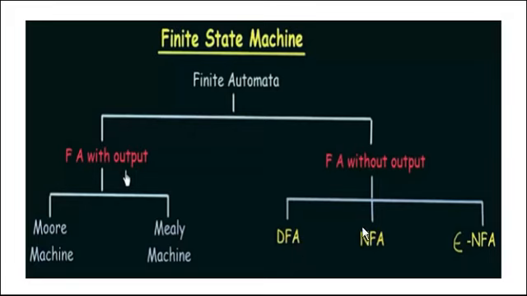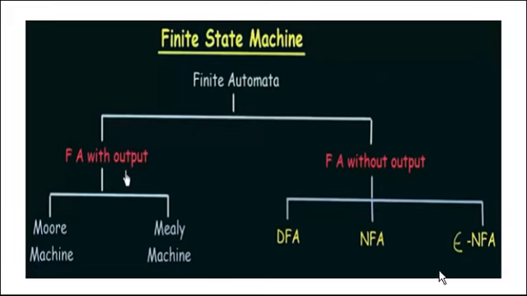The next one is NFA, that is, non-deterministic finite automata. It is just the reverse of DFA. In the case of non-deterministic, you do not know in which state the system will go. That is, on a single input to the current state, the system can transit to one or more states. That is what NFA is. Then there is epsilon NFA.